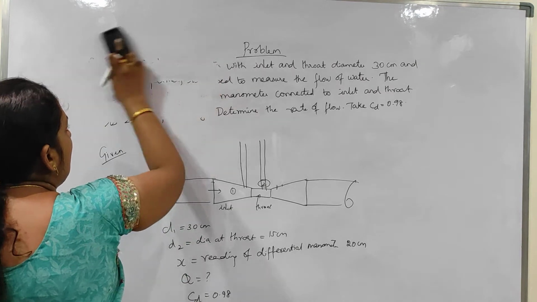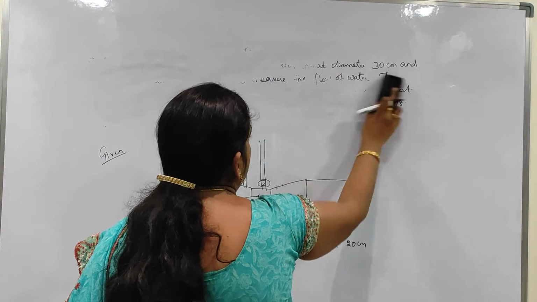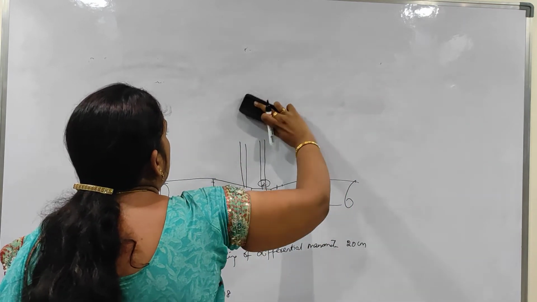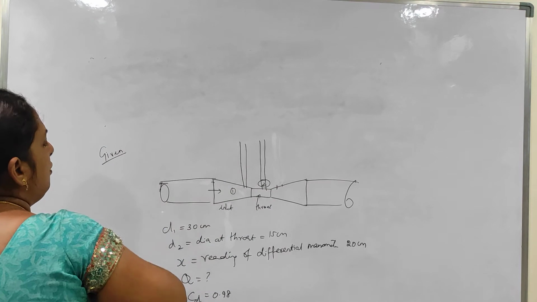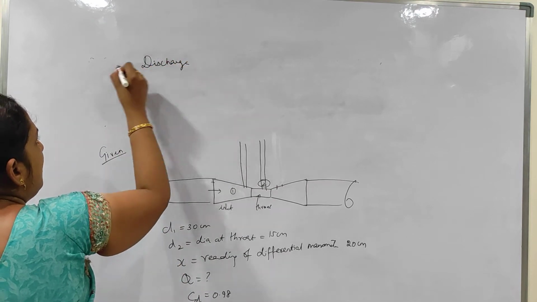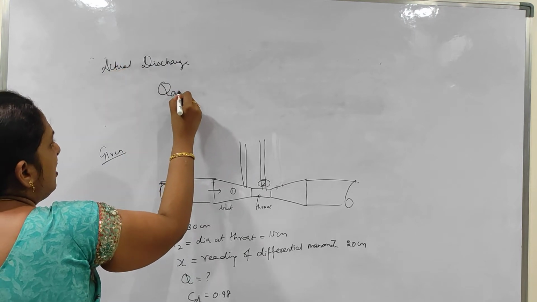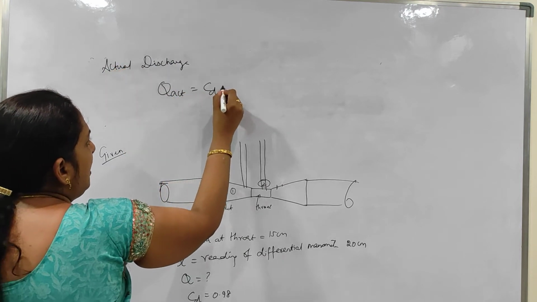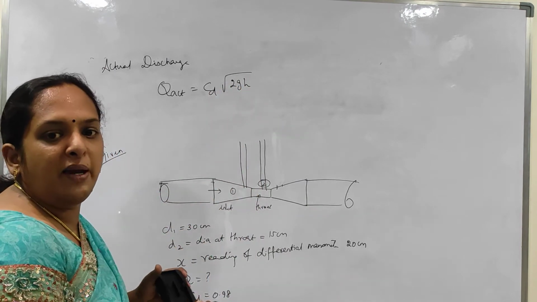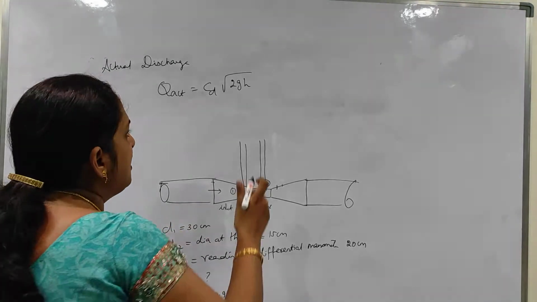We just now derived the rate of flow of the actual discharge. So what is that equation? Q actual is equal to CD into root 2 GH into A1 A2 by root of A1 square minus A2 square.